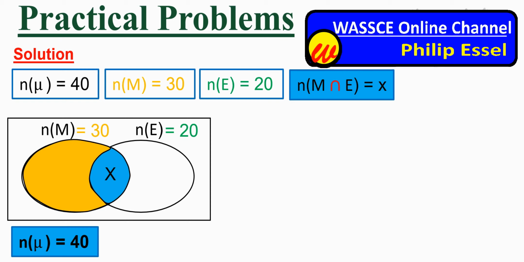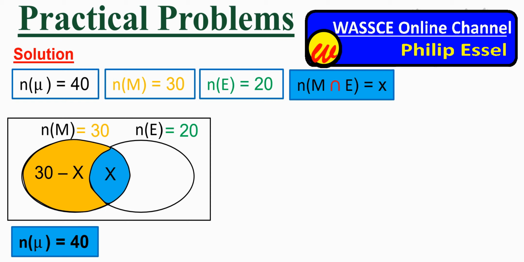It's just like you having a pizza, you take the blue part of your pizza away and you are left with the orange part. So the same way, if you want the size of the orange part, just take X from the 30 and you get the value of that size. So that means that the orange region should be 30 minus X.